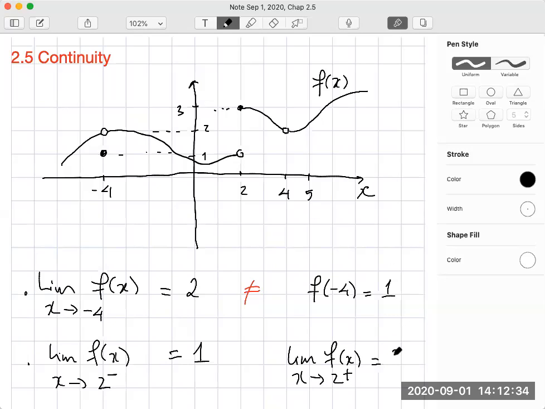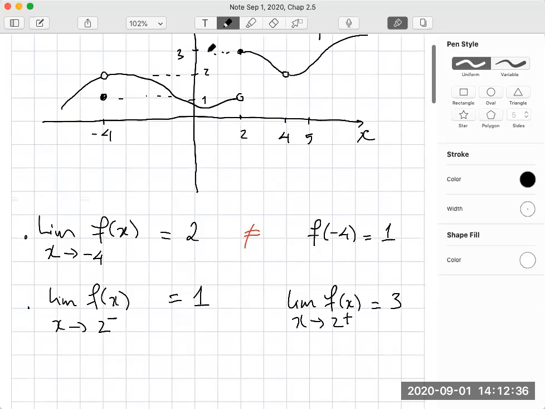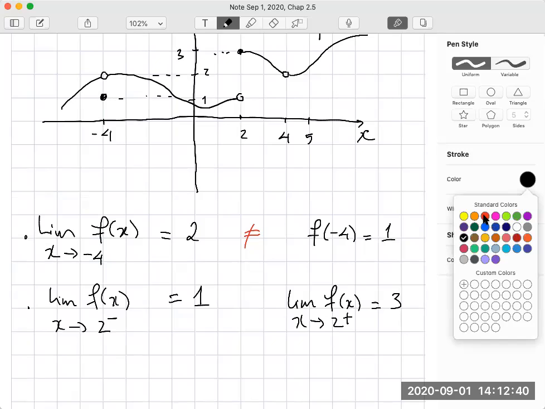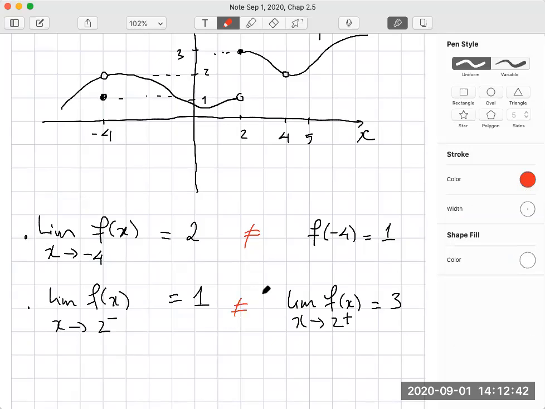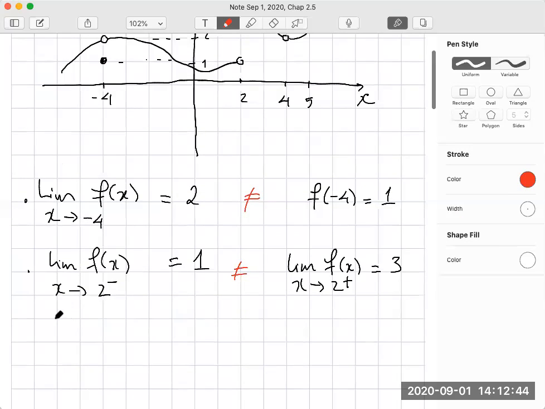Yes, 3. And the left and the right limit are not identical, right? What does it mean? It does not exist. Very good.